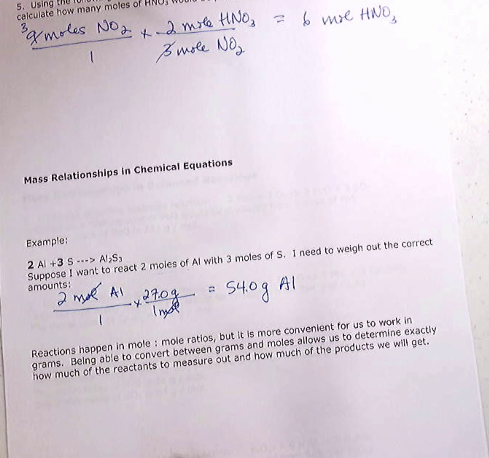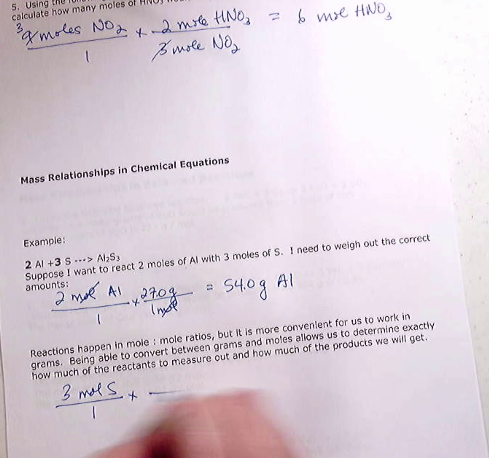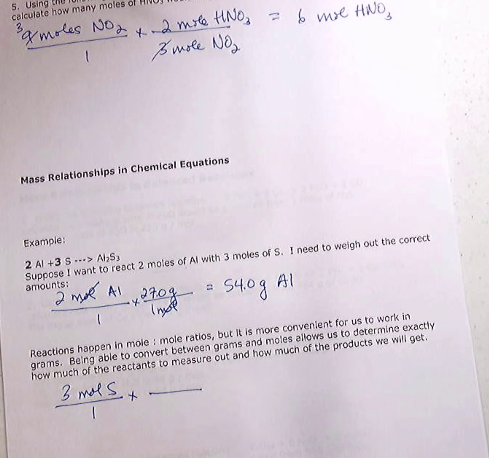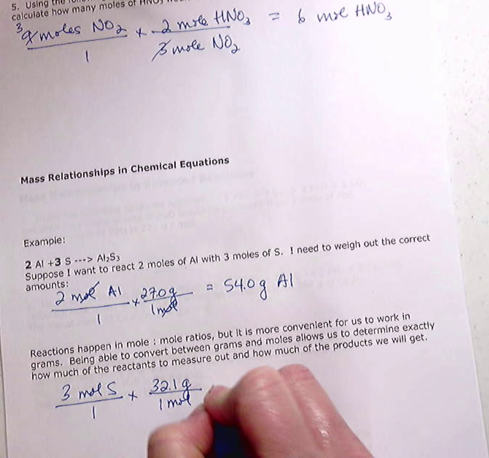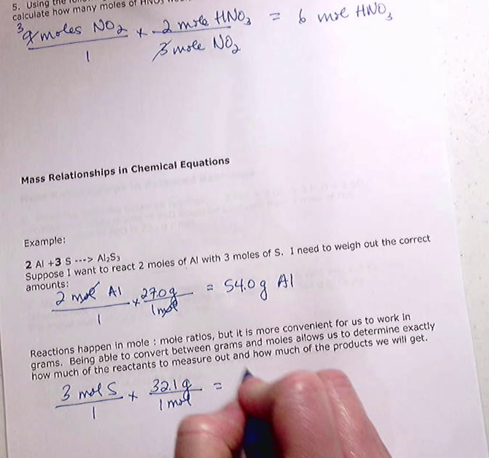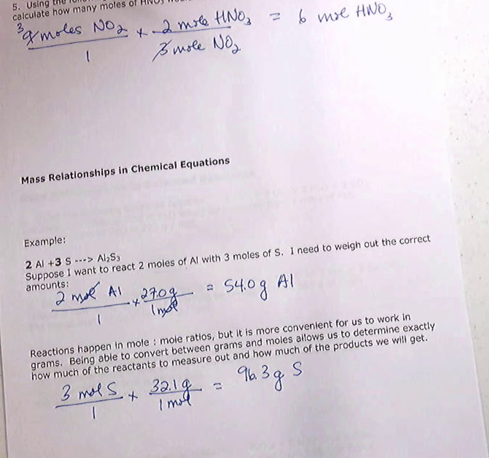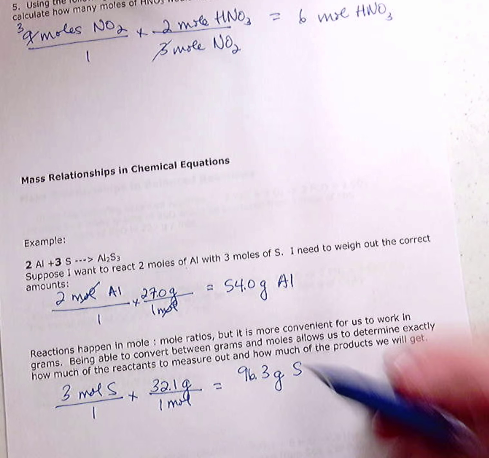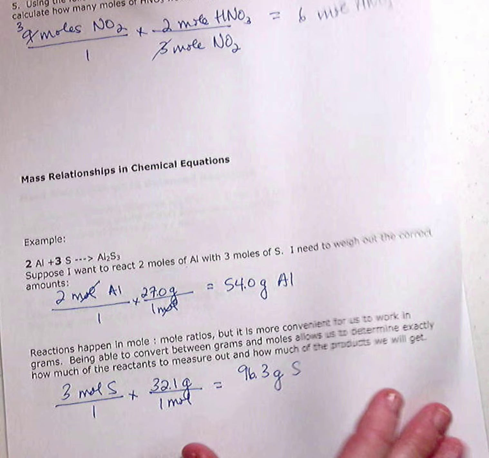And then for sulfur, 3 moles of sulfur. Sulfur weighs in at 32.1 grams per mole. So 3 times 32.1 gives you 96.3 grams of sulfur. It's much easier for us to weigh out the aluminum and the sulfur as opposed to trying to calculate the amount just based on the moles.